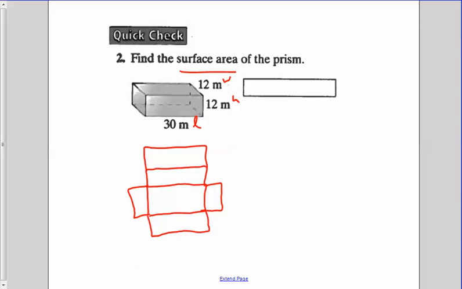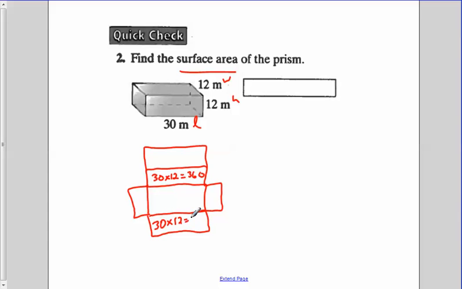So let's do our identification of our sides. So I know that the back of the box, which is going to be this part right here, is going to be 30 times 12. And when we multiply that out, we get 360, which means that the front of our box is going to be the same, 30 times 12.